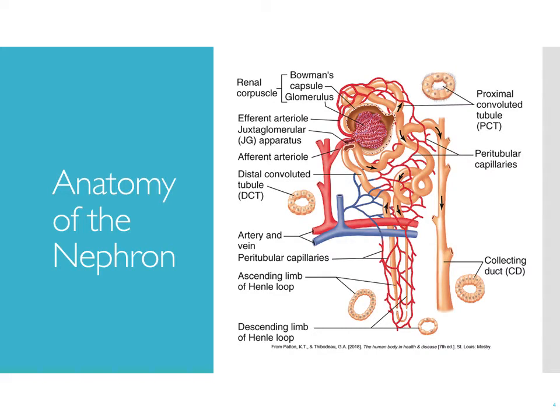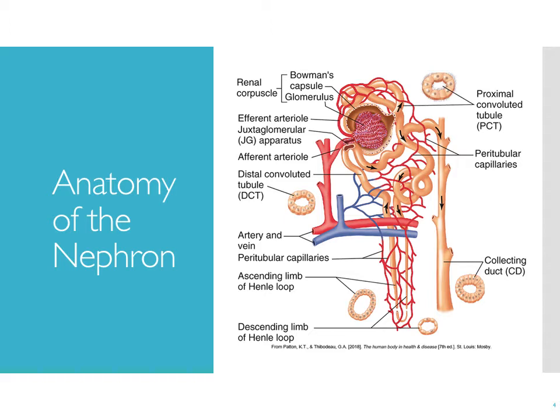And this is just a picture that talks a little more about the anatomy of the nephron. This should help you as you're thinking about your urinary system medications, like your loop diuretics, because obviously it's the loop of Henle that we're talking about with that.